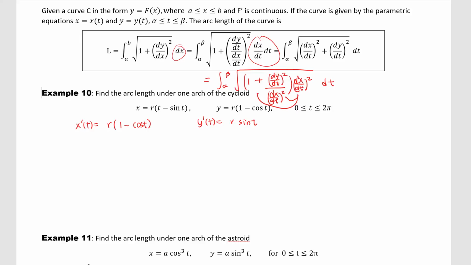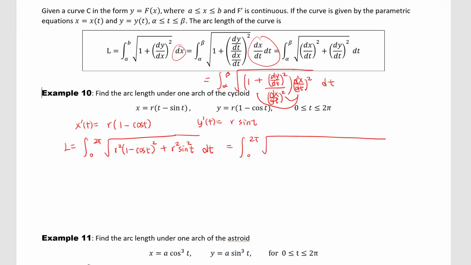So now let's see. Arc length is the integral from 0 to 2 pi of x prime squared, so r squared (1 minus cosine t) squared, plus y prime of t squared, so r squared sine t squared, dt. Can you see the common factor r squared? So let's multiply out and factor out the r squared. When we multiply out, we get 1 minus 2 cosine t plus cosine squared t.